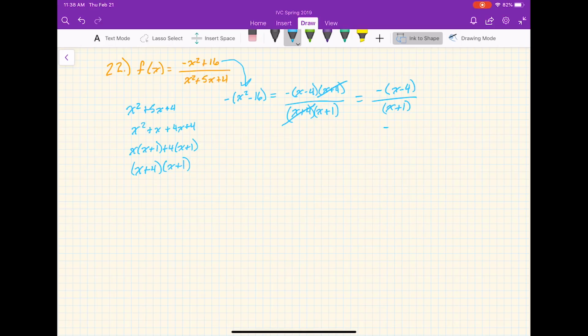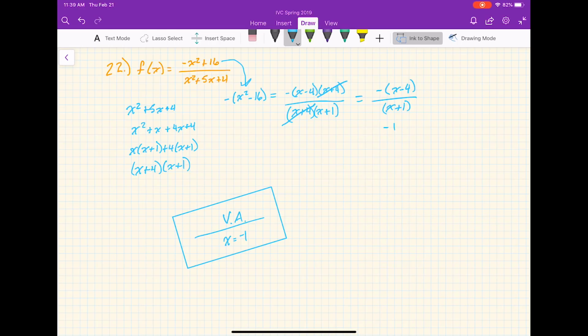So finding the vertical asymptote, it's going to be -1. That makes the bottom 0. So the vertical asymptote is going to be x equals -1. There you go.